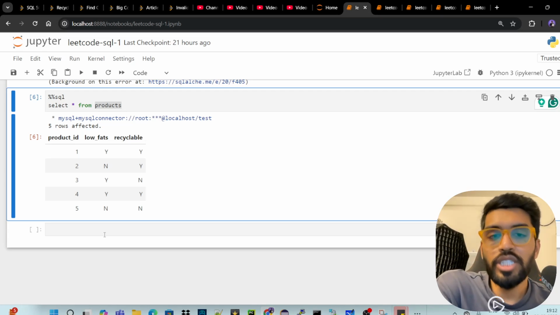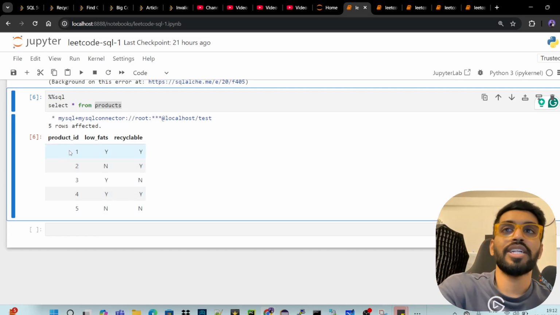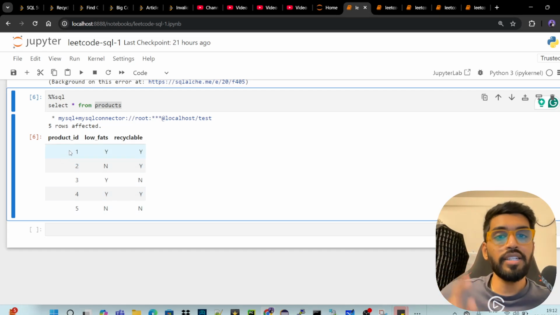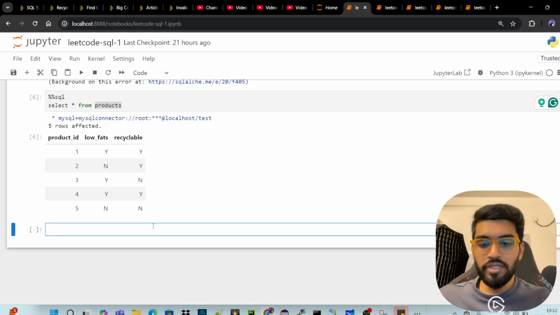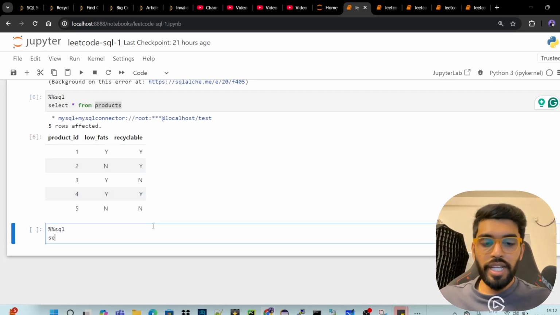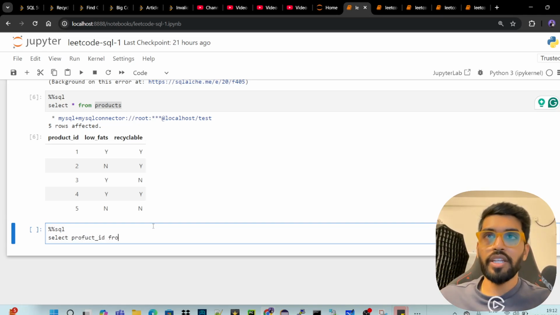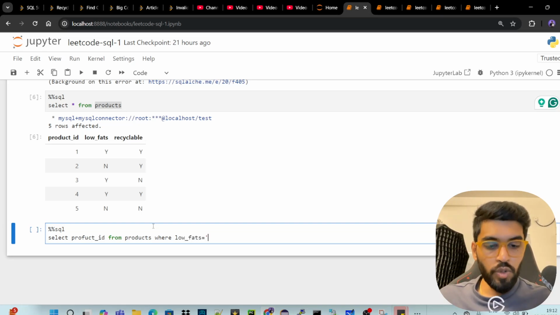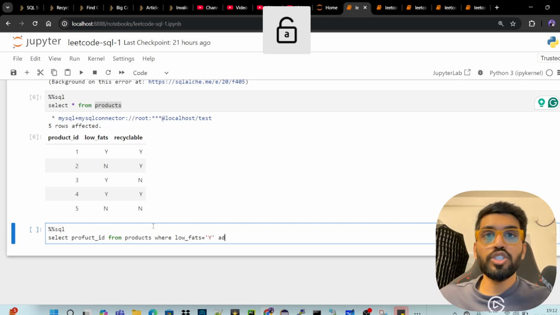So the question they asked is they need the product ID that is both low fat and recyclable. That means you have to write the query: SELECT product_id FROM products WHERE low_fat equal to 'Y', and then it should be AND.